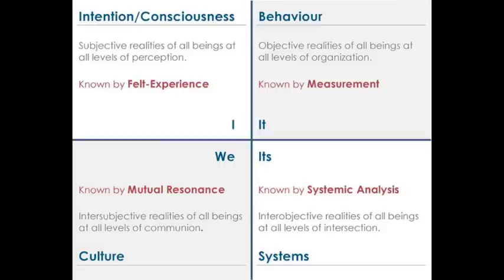Okay, now let's check out this graph. This has to do with what counts as evidence. For example, a lot of religious people will say that their religious experiences are good evidence of God or some truth about the cosmos or something like that. So in the upper left, you have someone's intention, their consciousness, known by their felt experience.